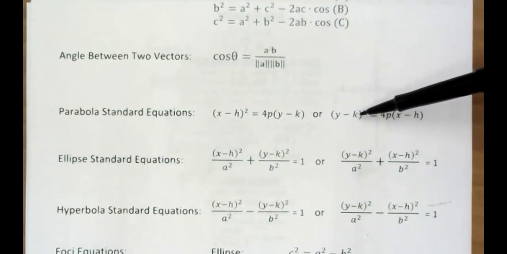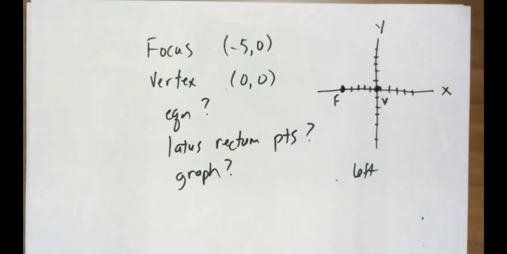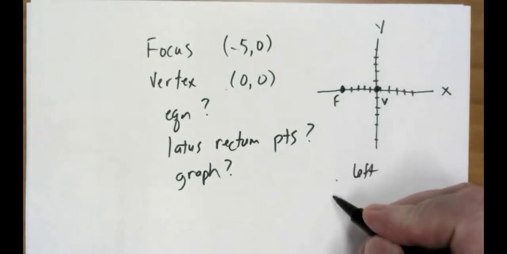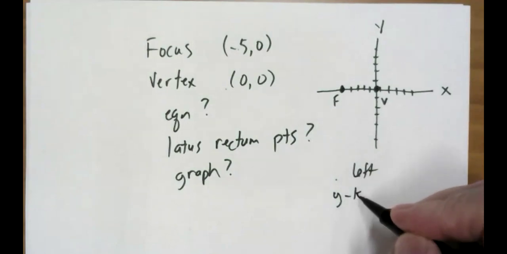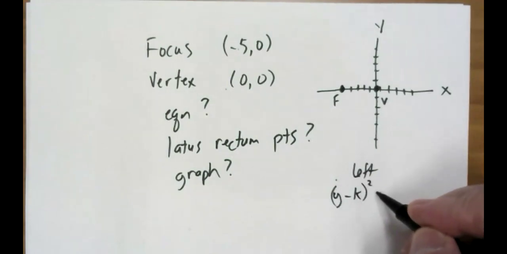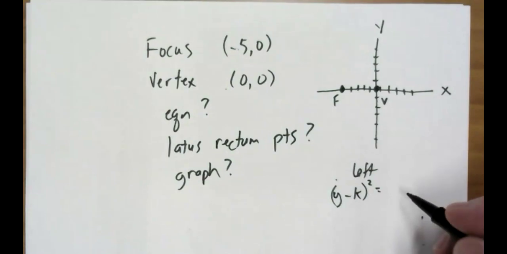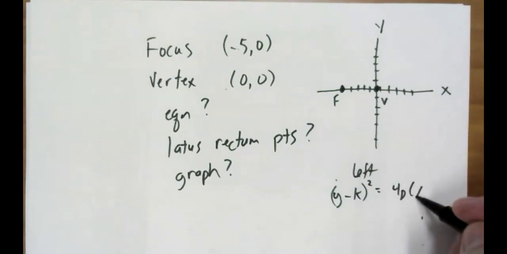So I'm going to copy down this equation. So it is y minus k quantity squared equals 4p times x minus h.